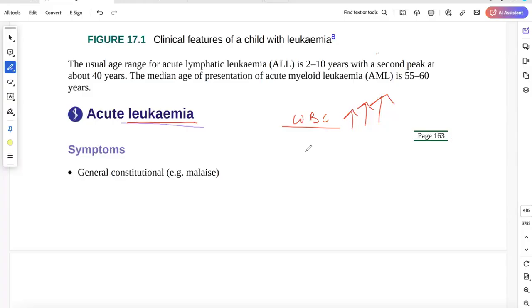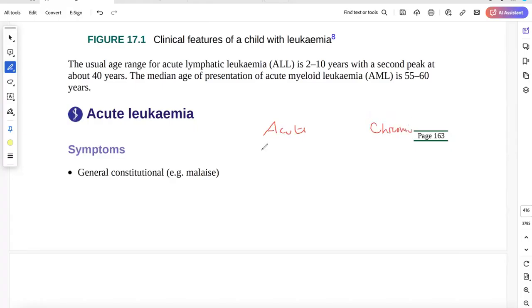Okay, now there are mainly four different kinds of leukemia that you need to know. So let's talk about acute leukemia and chronic leukemia.